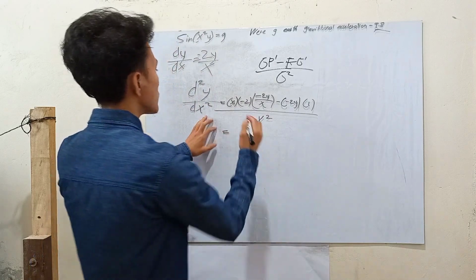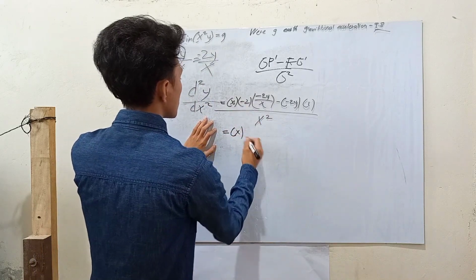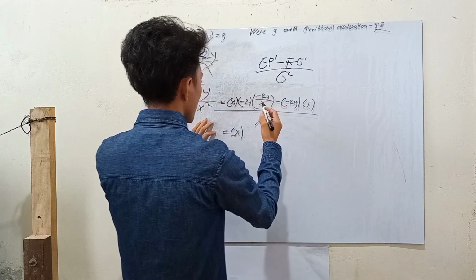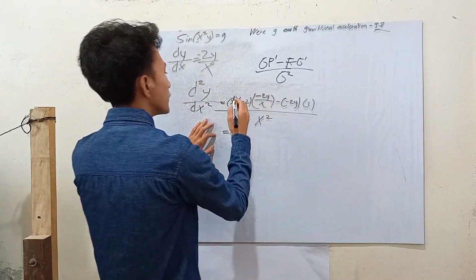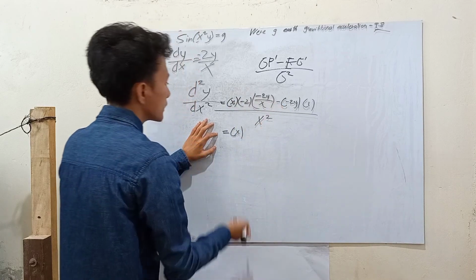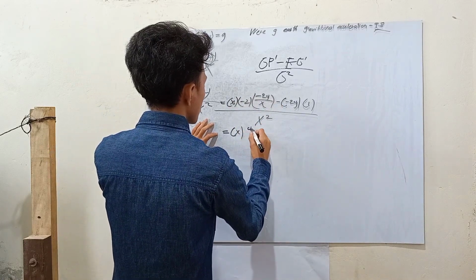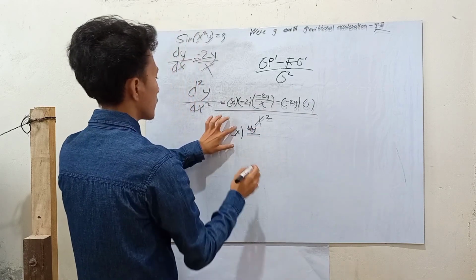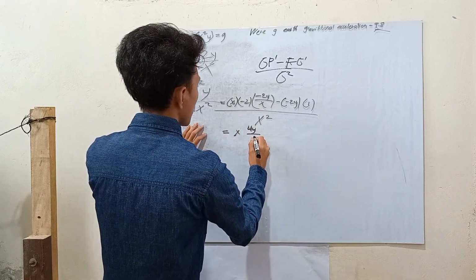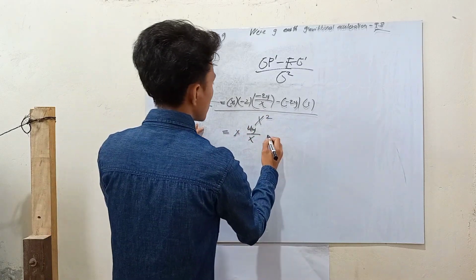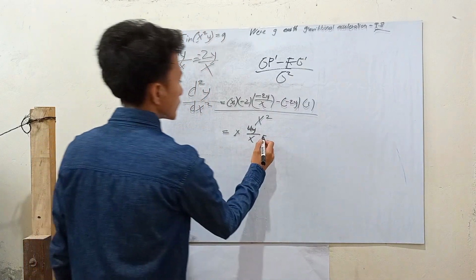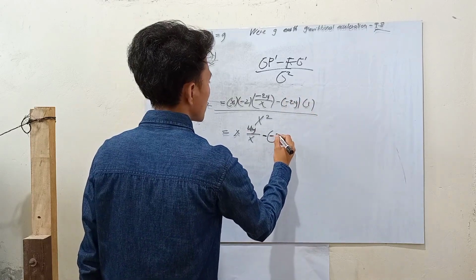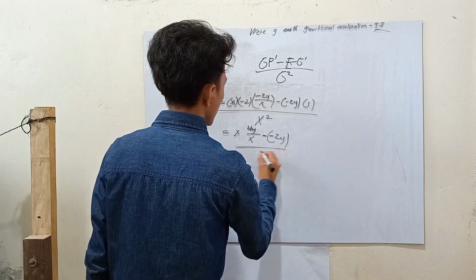We can simplify this: x times negative 2 times negative 2y over x is positive 4y over x squared, and then the negative sign, and then negative 2y times 1 is negative 2y over x squared.